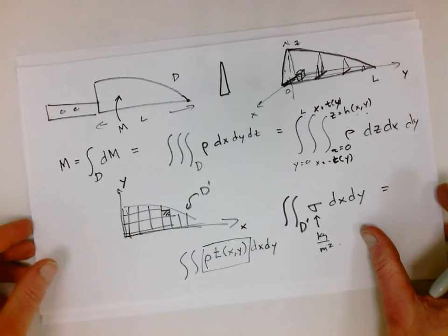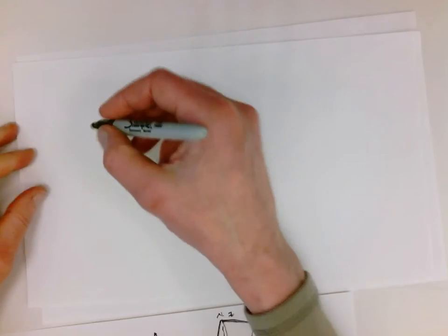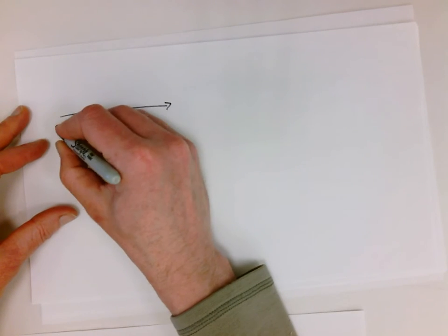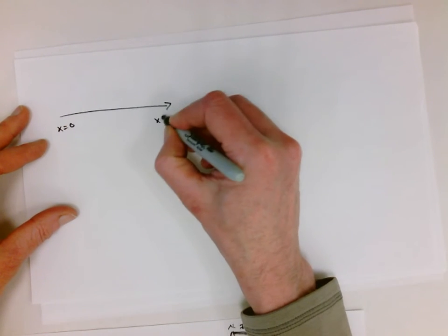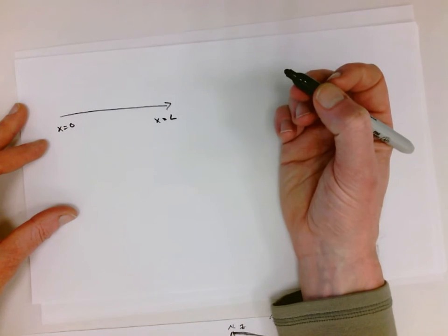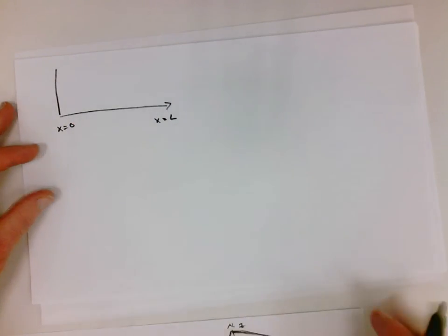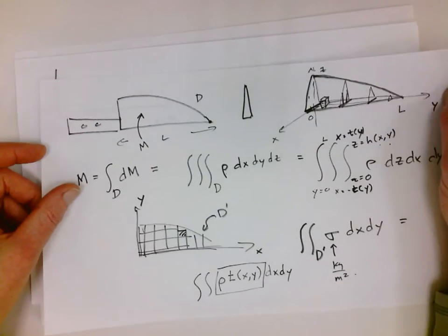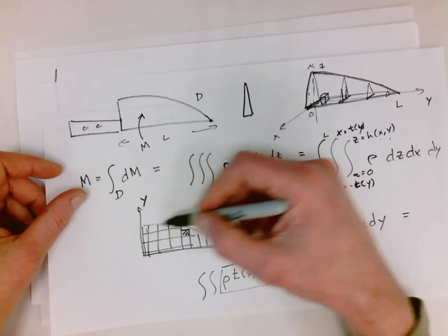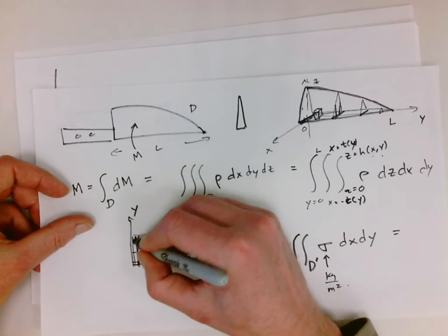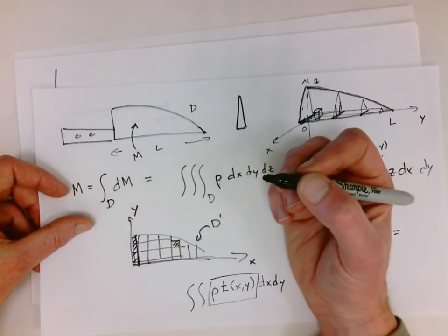And I could even go one step further and think about this as a one-dimensional problem. So now I'm just going to integrate with respect to x from x equals 0 to x equals L. But now I'm asking a question not about how much mass is contained in each little chunk. I'm instead asking how much mass is contained in an entire slice.